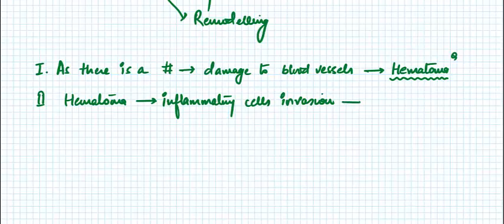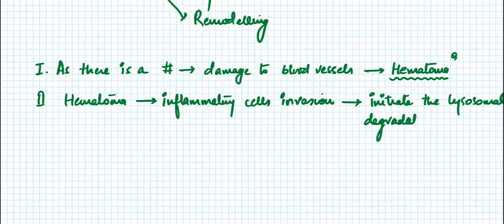These inflammatory cells initiate the lysosomal degradation of the necrotic tissue. They start eating them, removing them. Basically the purpose is to remove all the dead tissue, right? Now this first process of hematoma definitely starts within the first few hours, right? This is in the first few hours.